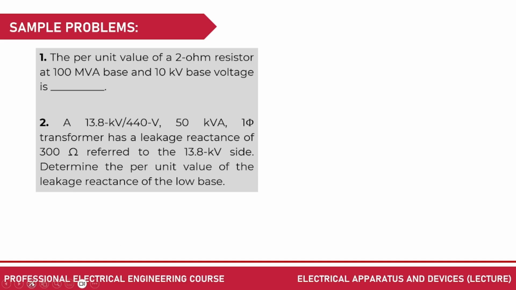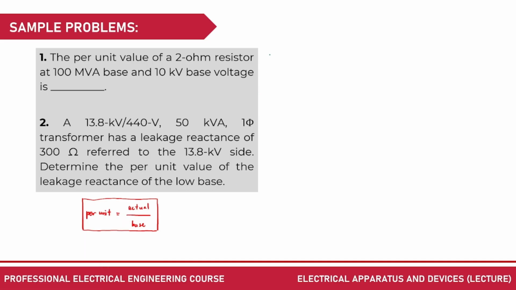By the way, I have not put here the formula for the per unit values, but usually the per unit value is equal to the actual value over the base value, in all quantities. So let's proceed with number one.